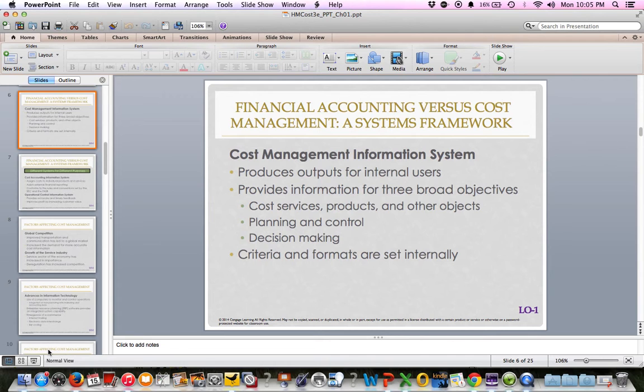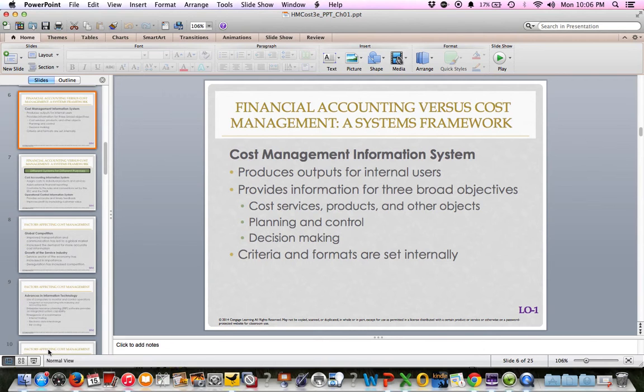With financial statements, you have a prescribed format. A financial statement needs to look a certain way. You have to include certain disclosures. There are accounting rules about how you come up with the numbers for financial accounting. For cost management, it's really up to the user. It's up to that business and the users of that information how they want to slice and dice the data and take a look at it.